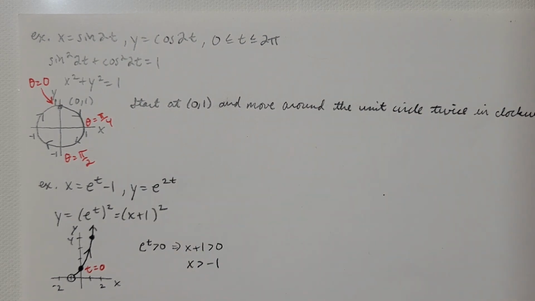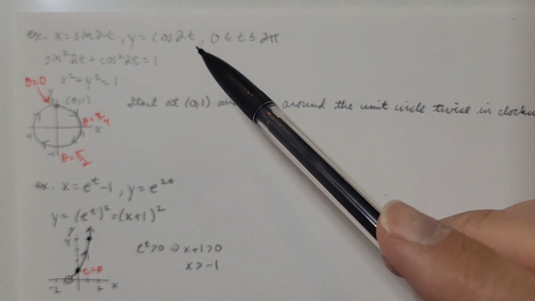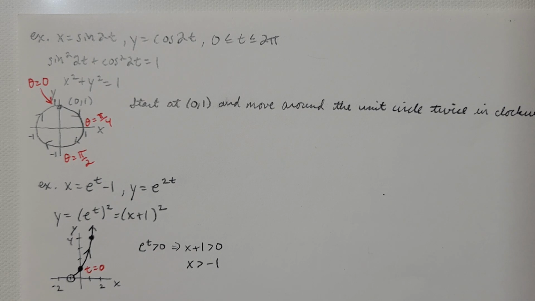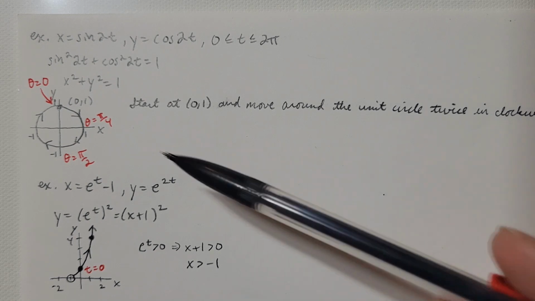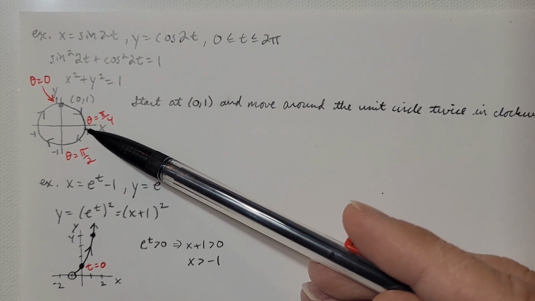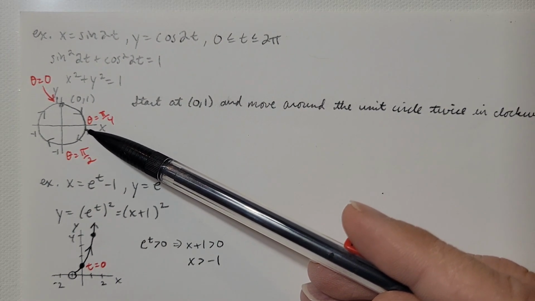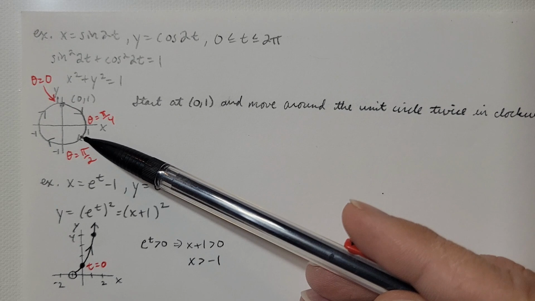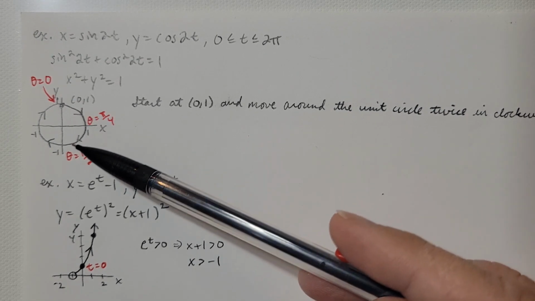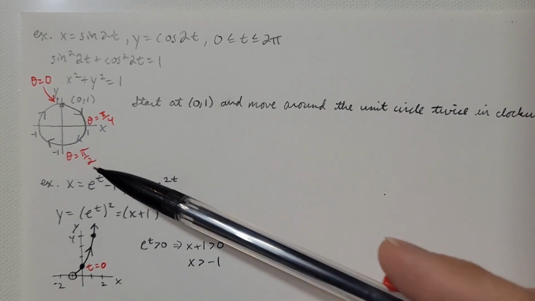Well, if theta is pi over 4, 2 times pi over 4 is pi over 2, so sine pi over 2 is 1, and cosine of 2 times pi over 4, that'd be cosine of pi over 2, that'd be 0. So the point 1, 0 would be on the graph when theta is pi over 4. So it looks like I'm going to go clockwise around this circle here.